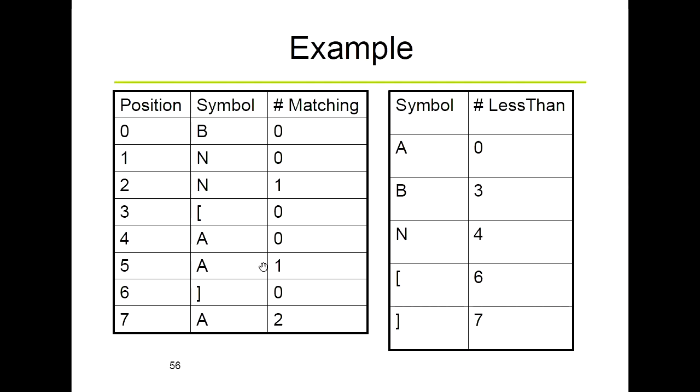How does this table work? I'm telling you, the right-hand side table is like your first column. It tells you how many A, followed by how many B, followed by how many N. Essentially, these are the positions of your first column. These two tables represent your first column and last column.